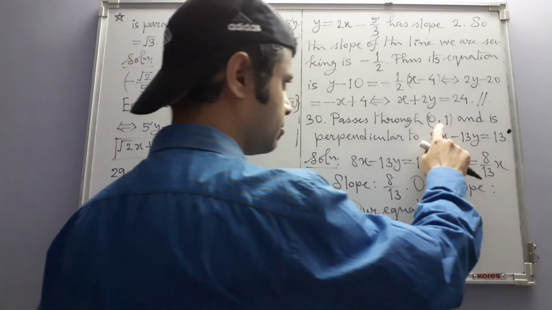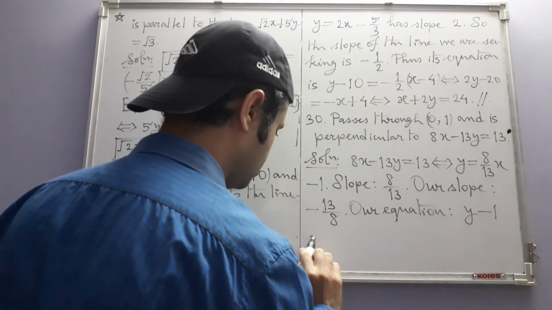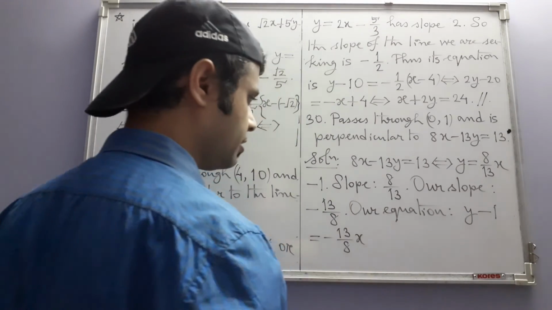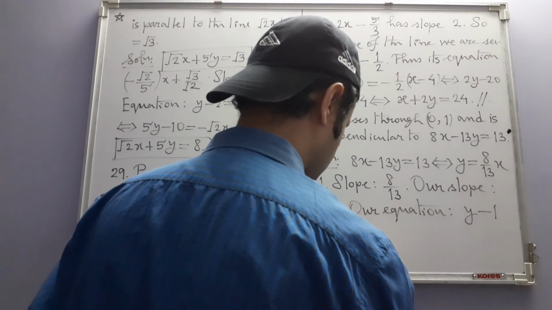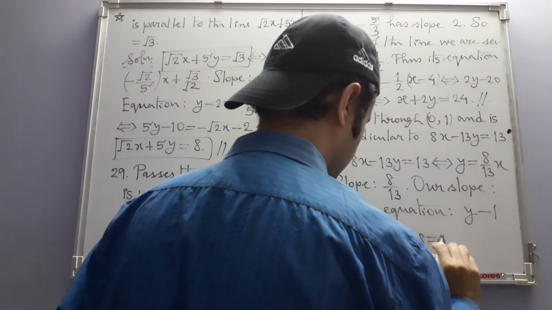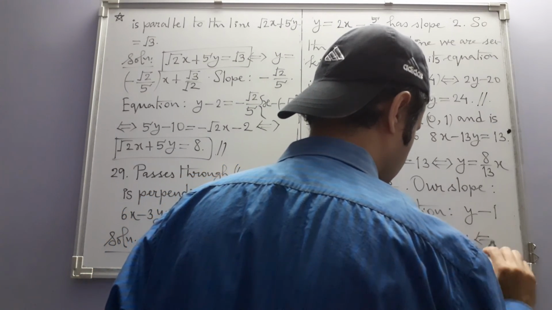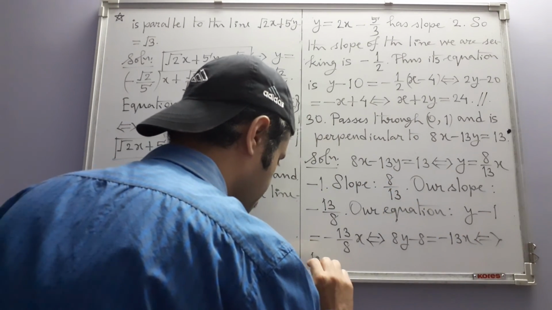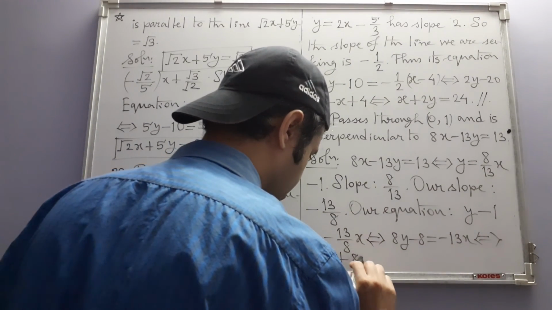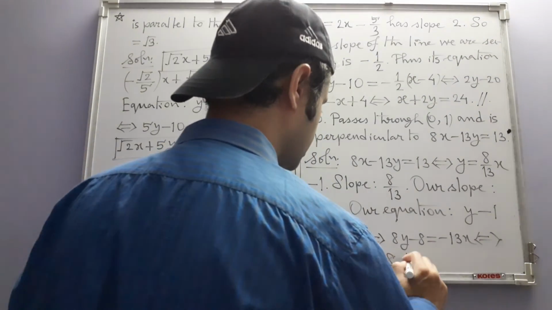The line is passing through this point, so y minus 1 equal to minus 13 by 8 x, or 8y minus 8 equal to minus 13x, or 13x plus 8y equal to 8. So this is the equation.